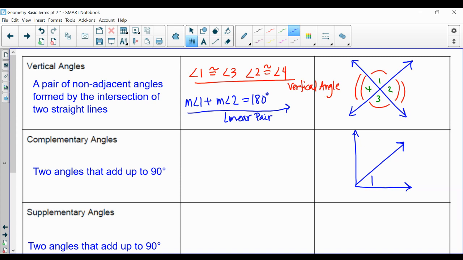I have angle 1 and angle 2. These are complementary angles. So the measure of angle 1 plus the measure of angle 2. Because I'm talking about the measure of them now, not just congruency, I'm using that equal sign, is equal to 90 degrees.